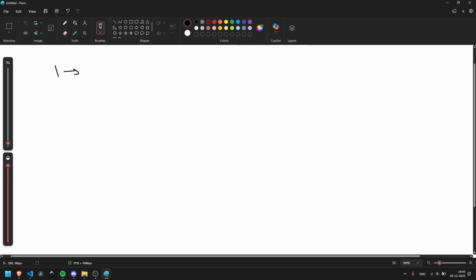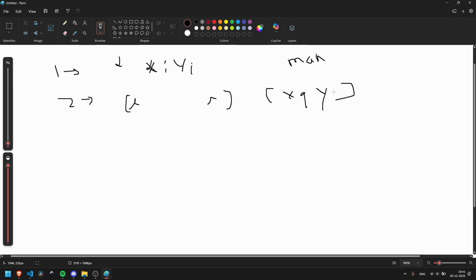The first query is you need to update the coordinates of the ith point to the given xi and yi, and the second query is for all the points in a range L to R, find the maximum Manhattan distance with a point the query provides you.